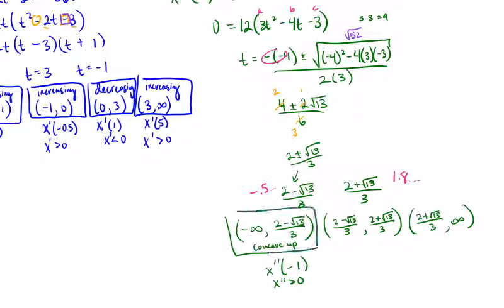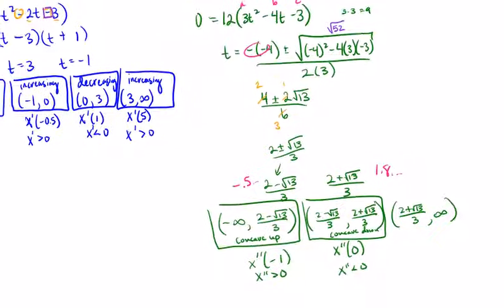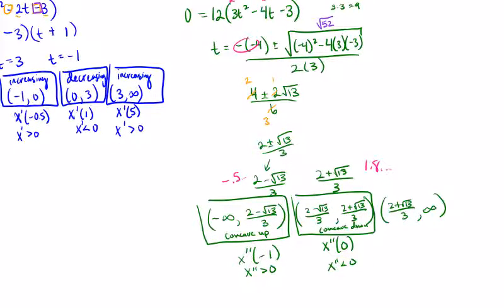All right. And then for this one, since one endpoint is negative and the other is positive, we can just plug in 0, which makes it easy. So x double prime at 0 gives us negative 36. That's obviously less than 0, and so this is concave down. And last but not least, it seems like these are alternating, but once again, I just want to double check.